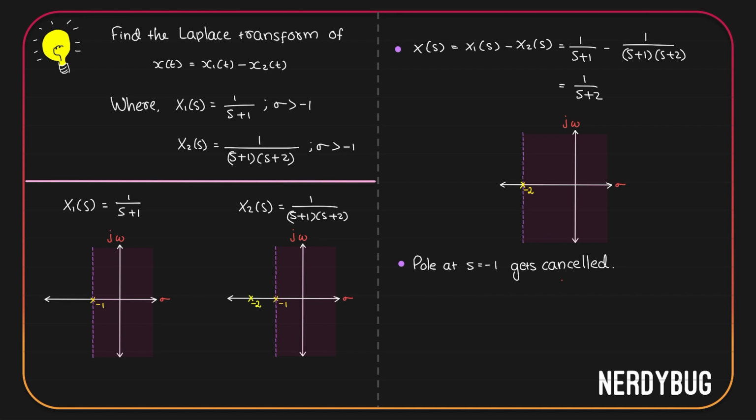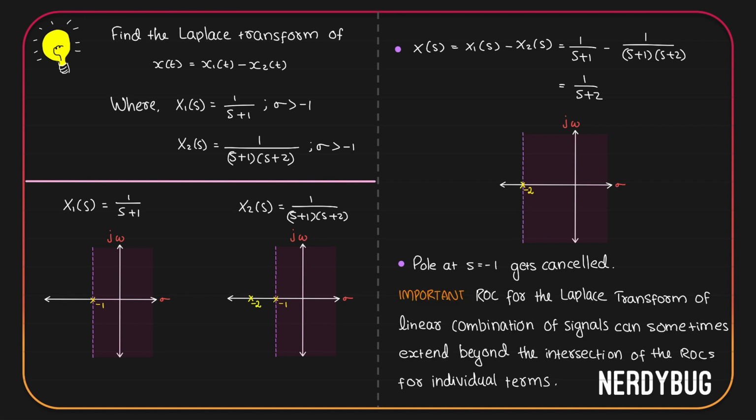So, what we can conclude from here is this. ROC for the Laplace transform of a linear combination of signals can sometimes extend beyond the intersection of the ROCs of individual terms. ROC of the combination is definitely going to contain the intersection R1 intersection R2, but it can have more than that.